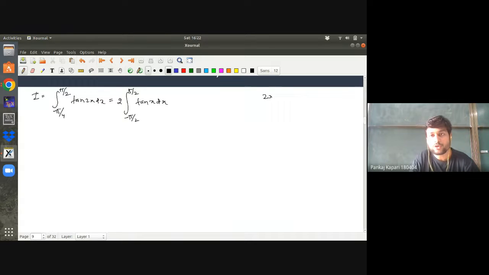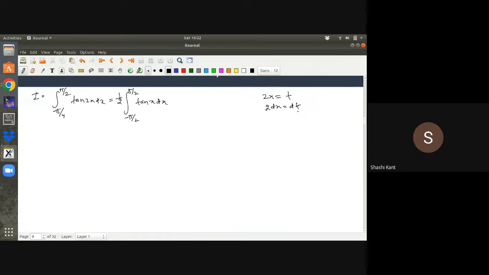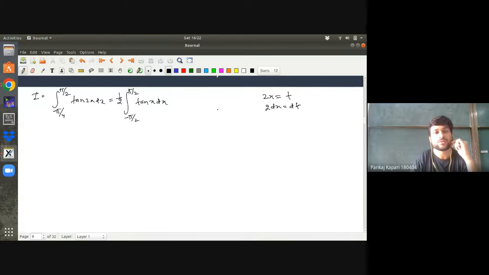Because we can always put 2x equal to t, and then 2 dx is dt. So it is 1/2, just replace dx by dt by 2. Then the endpoints will become minus pi by 2 to pi by 2.